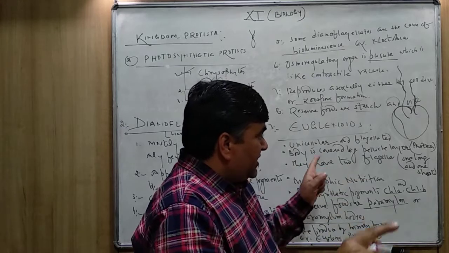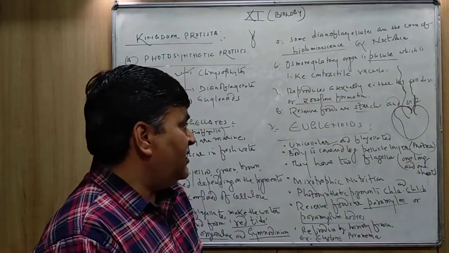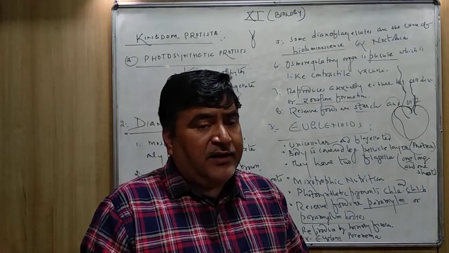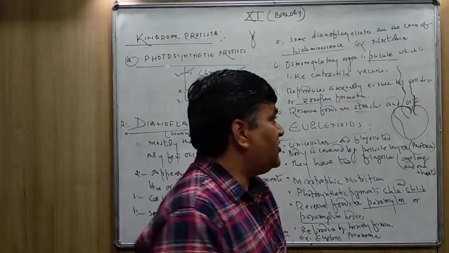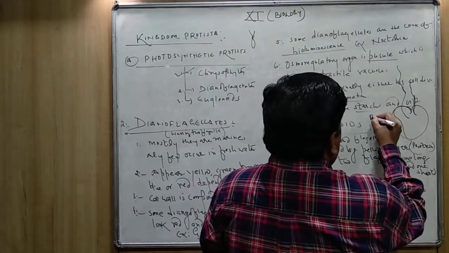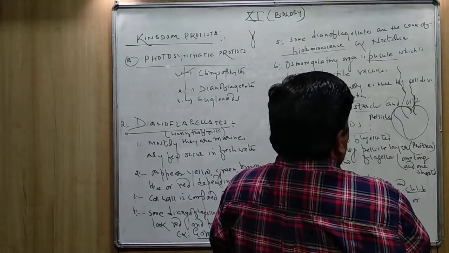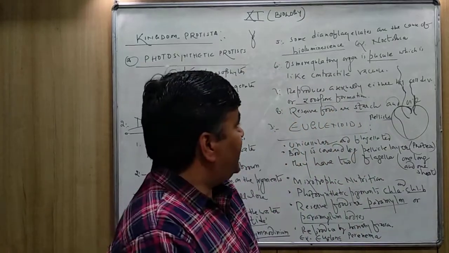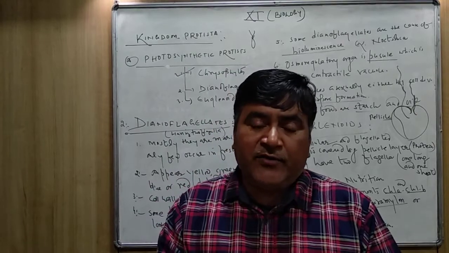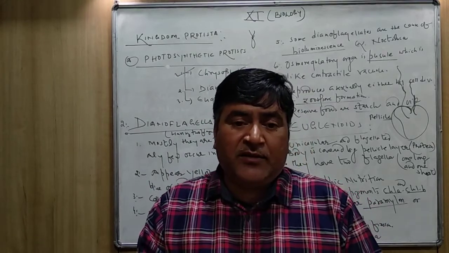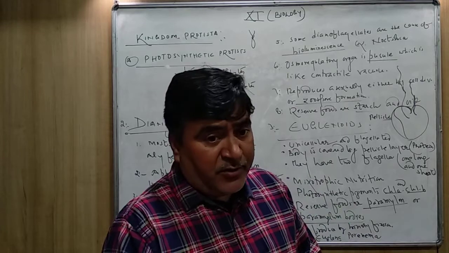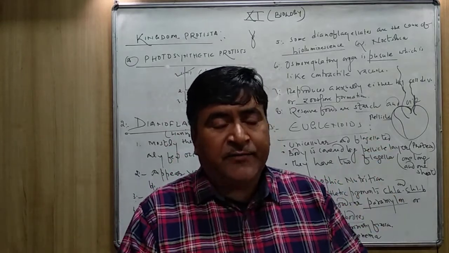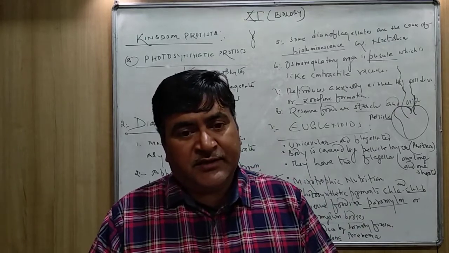The body is covered, they don't have a cell wall. They have a layer made up of protein, and this is called the pellicle. The pellicle layer is found in all the members of euglenoids. The pellicle is made up of protein, and it is the outermost covering of the euglenoids.